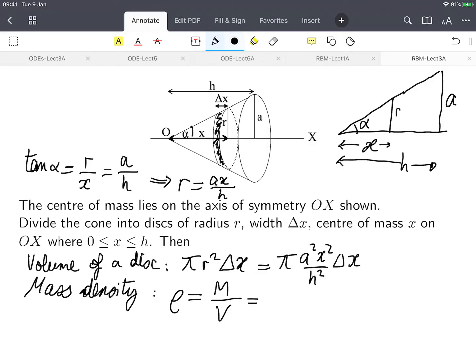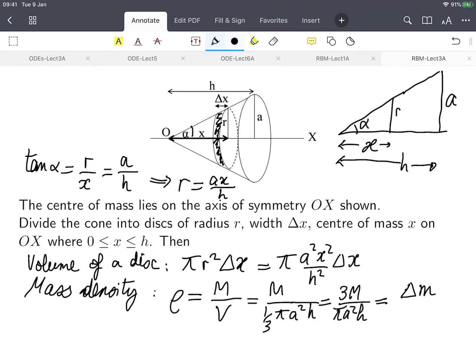It's 1/3 of pi r squared, so the radius of the cone is a, times the height h. I multiplied by 3 just to tidy up a bit. And that's also the mass density of each disk.